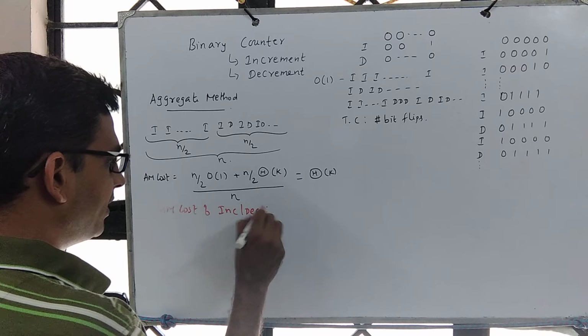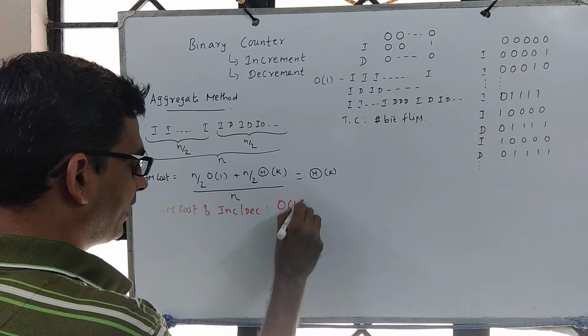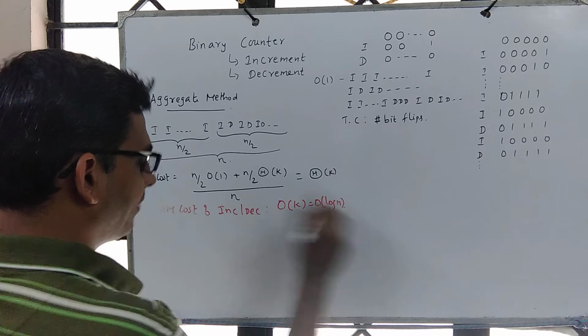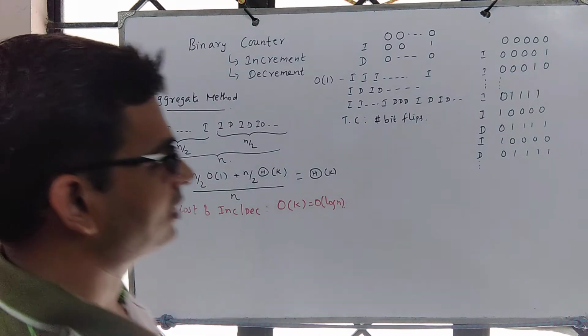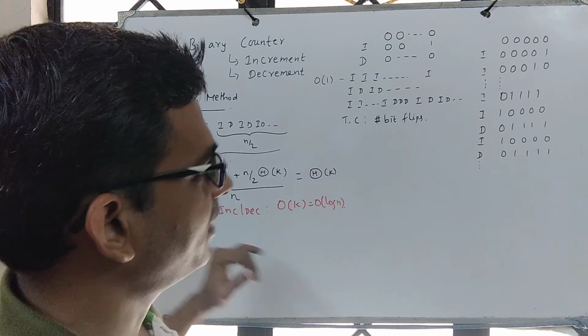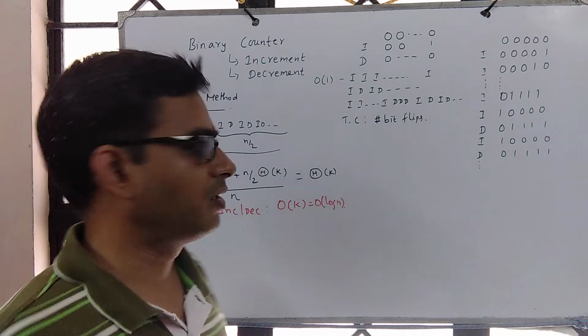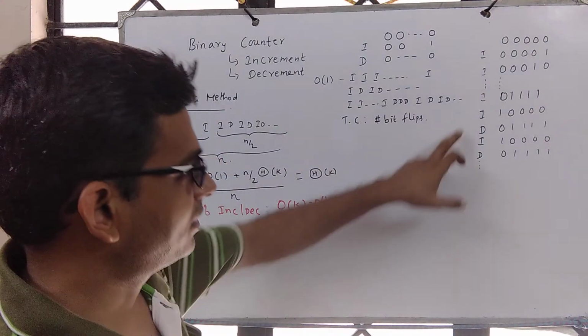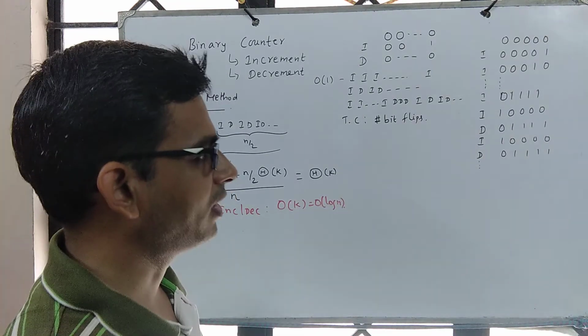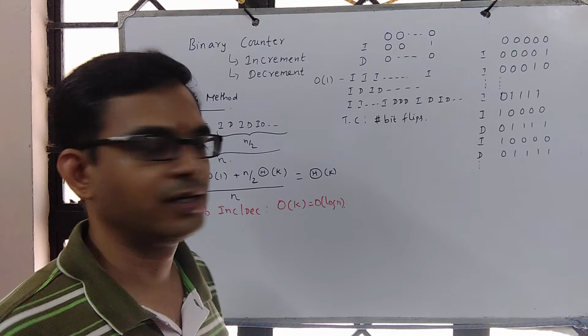So this shows that the amortized cost of increment or decrement is order k, which is order log n, and it is not constant. Amortized cost of increment and decrement is order log n. And here is a sequence where it is tight. It is indeed taking theta of log n.